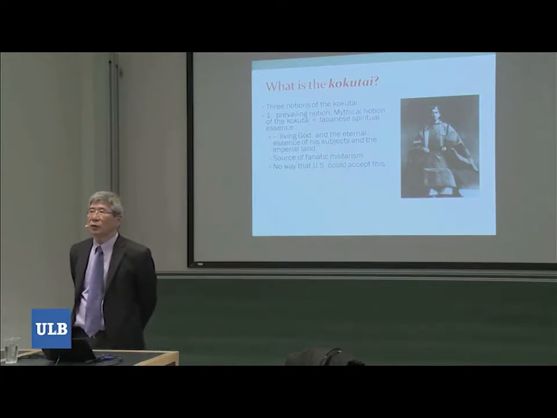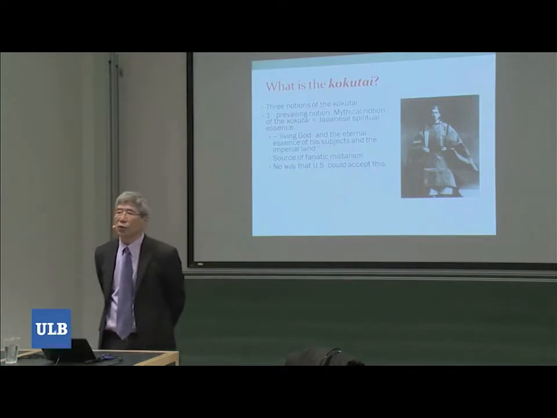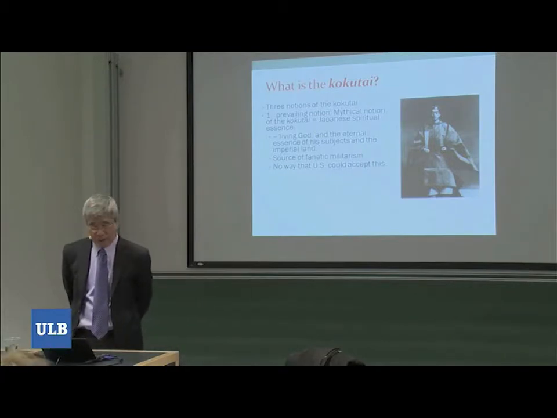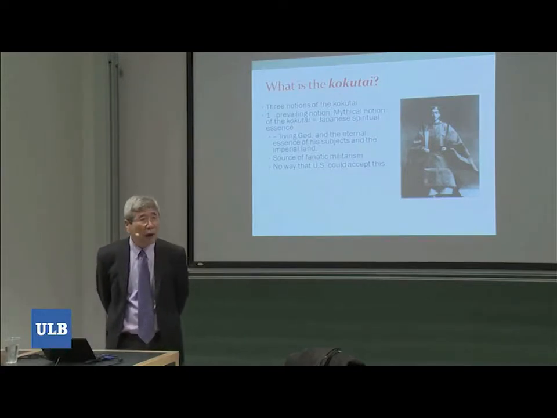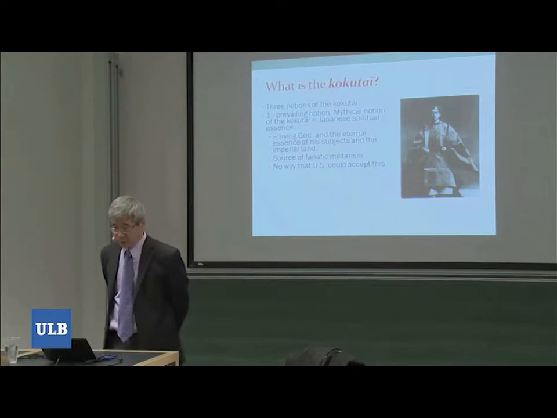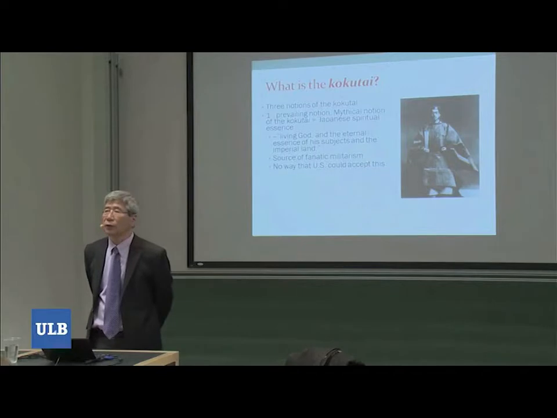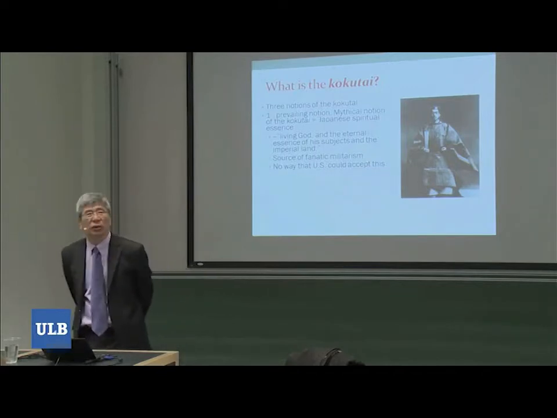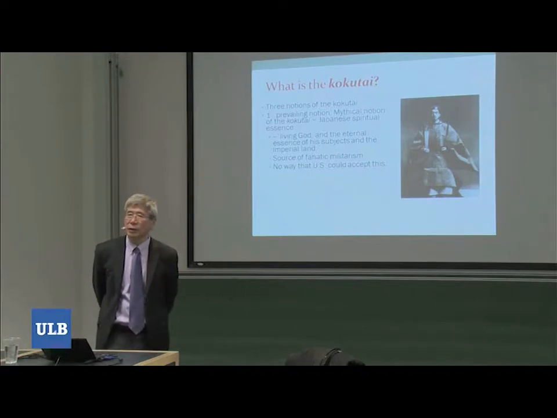In 1936, the Ministry of Education published a little pamphlet called Essence of Kokutai, in which it said the emperor is a living God, the eternal essence of his subjects and the imperial land, and that transcends any legal definition. This is the essence of Japan.